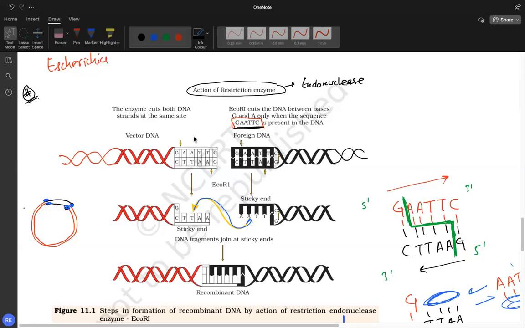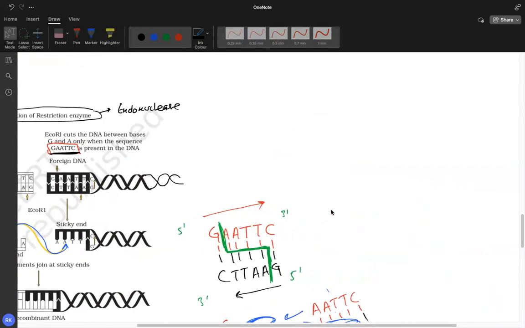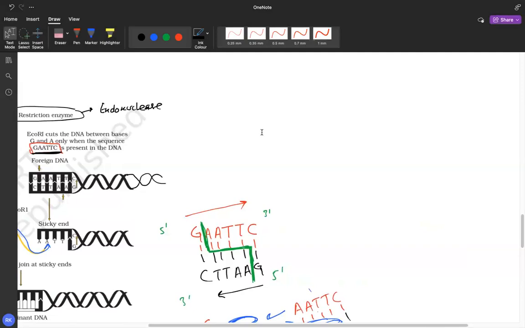Now, what is a palindromic sequence? The word palindrome is an English word. You know about the word palindrome? What does the word palindrome mean? A palindrome is a word which, when you read from left to right or right to left, spells the same.